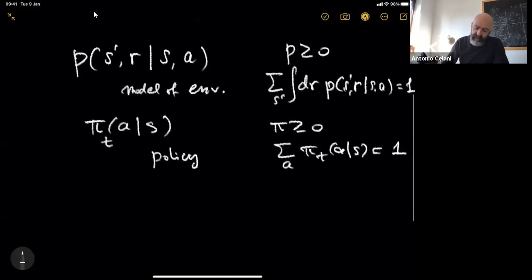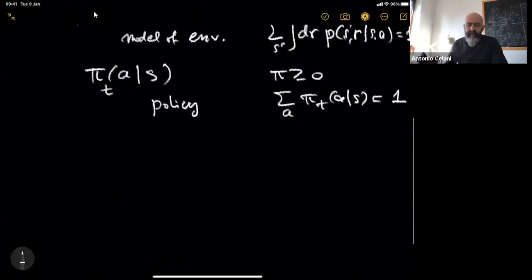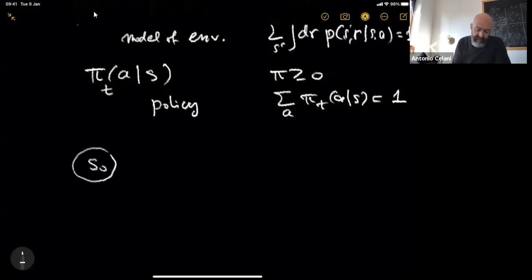There are two ways of representing graphically a Markov decision process. One is in terms of a time-directed graph. Suppose we start from state S0, then using policy pi 0, we can extract one random action according to that probability distribution, which gives us the action A0.